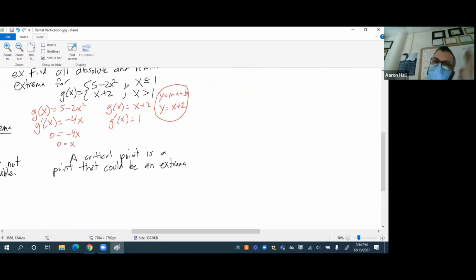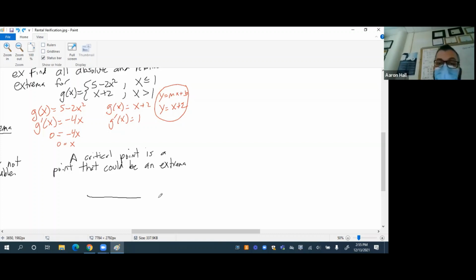So it seems like with this transition between this part of our piecewise and this part of our piecewise, there could be a maximum or a minimum when x equals 1. Now I'm using a different x equals 1. This isn't the slope I'm referring to; I'm referring to when x is 1. That's a critical point when there's a transition from one graph to the next.